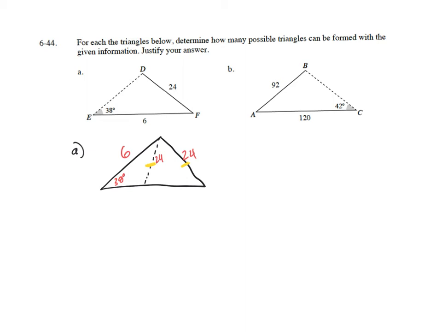And so within my picture, this up here would be E. This is going to be F. This point right here is going to be D, and I'll call this D prime. All right. And so the distance then from E to F is 6. From F to D is 24.